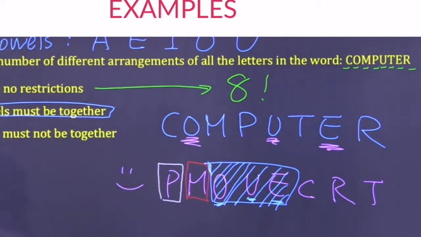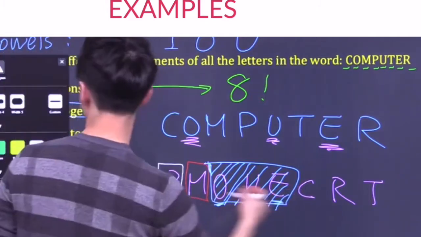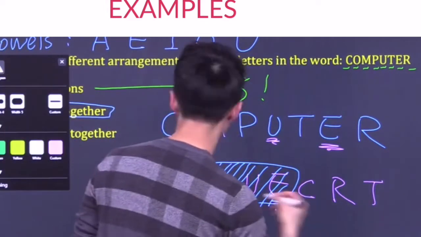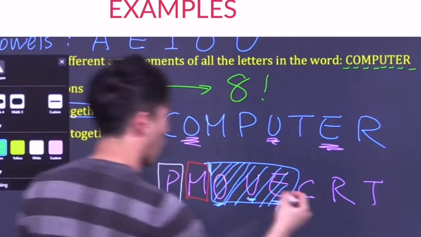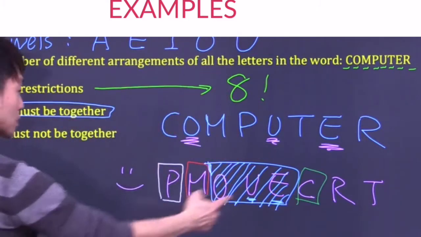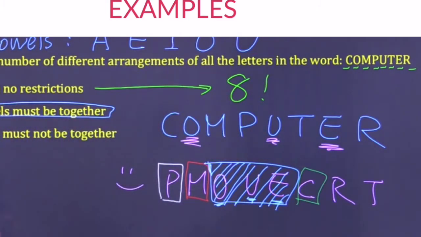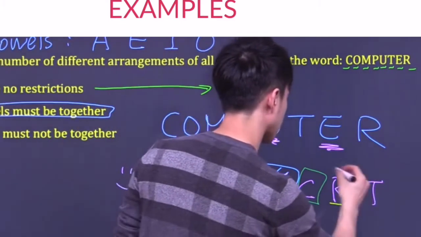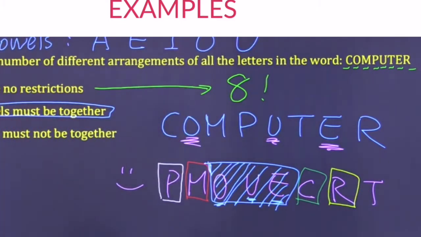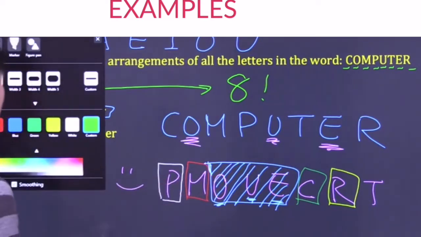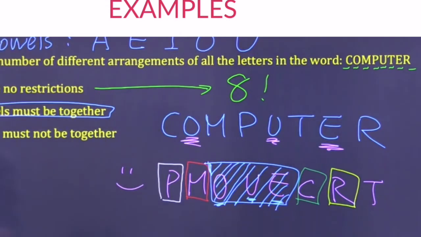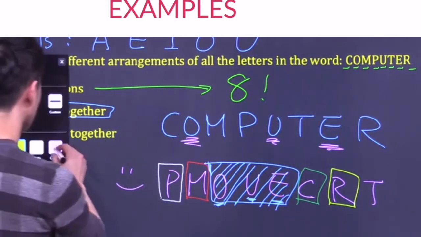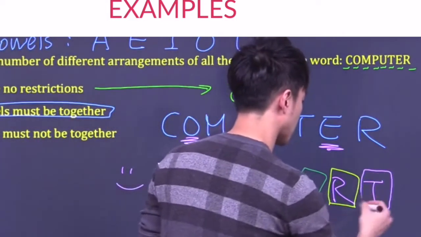And I'm going to put C in a blue. Oh, I already have blue. I'm going to use a green box, and I'm going to put R in a yellow box. And at the end, I'm going to put T in a pink box. You see that?